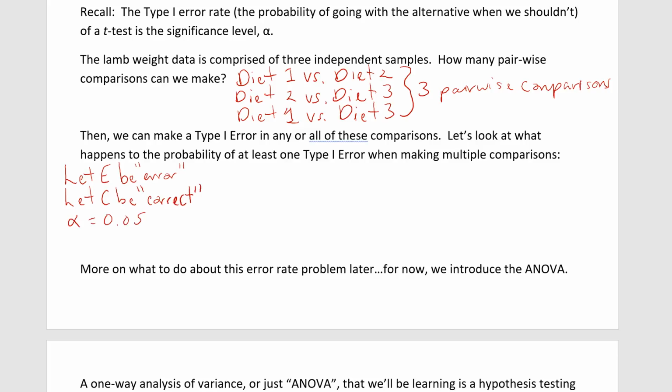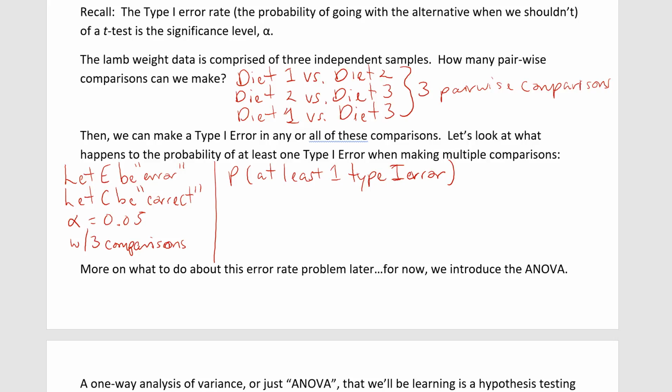We're going to assume that alpha is 0.05 and that we're making 3 comparisons. And we want to know the probability of making at least one type 1 error.